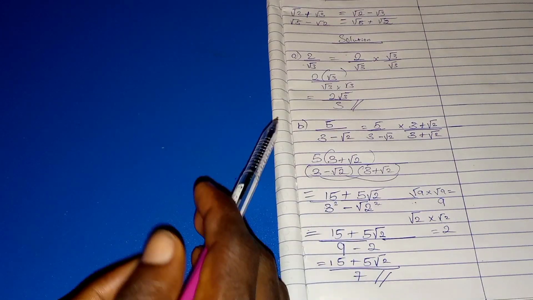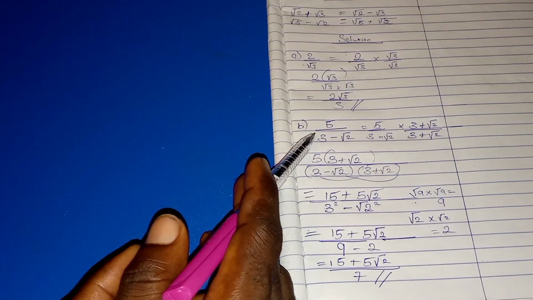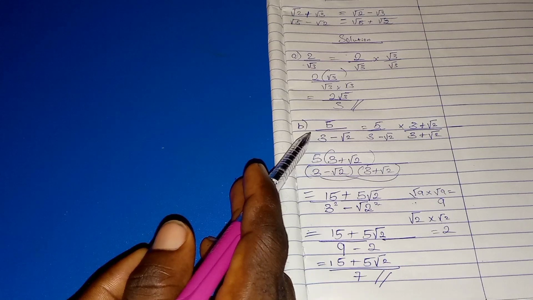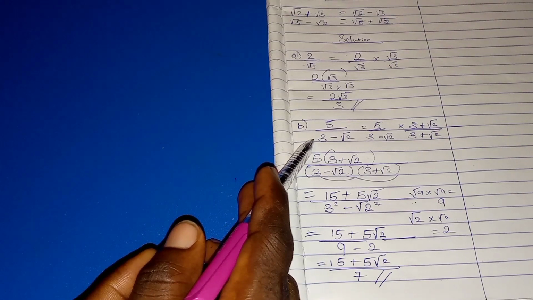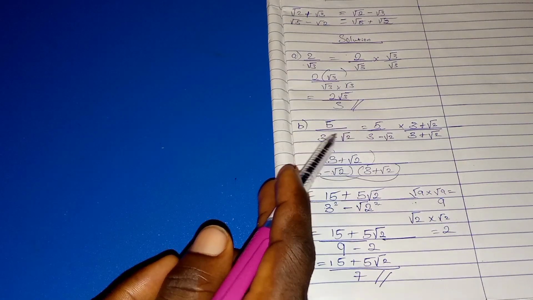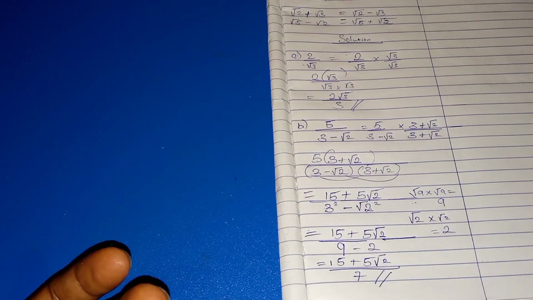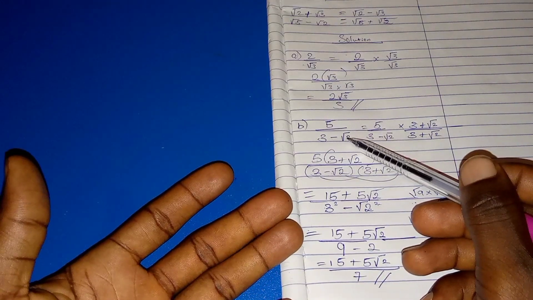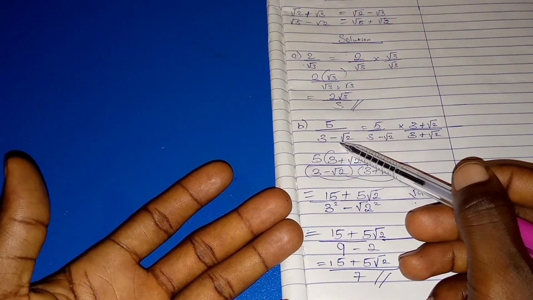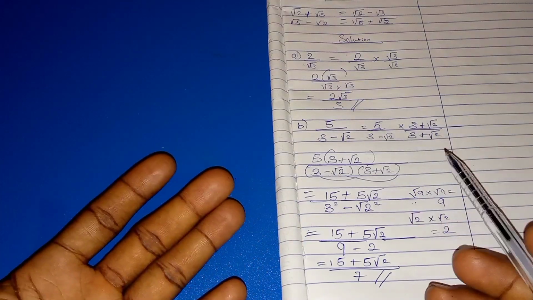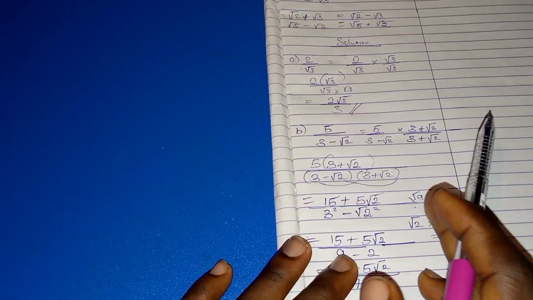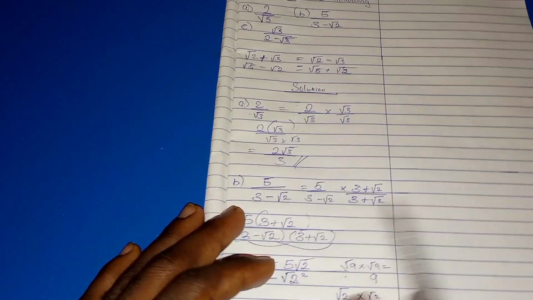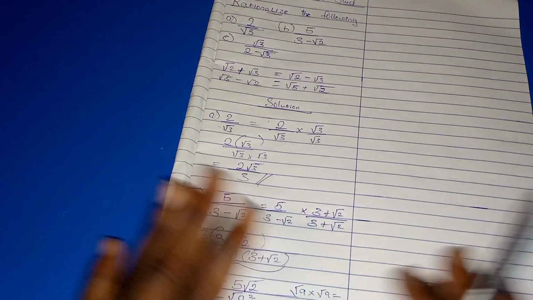We have rationalized this given number, 5 over 3 minus root 2, and at the end of this problem, we see we have removed the root value at the denominator. It's no longer in the denominator again. As we earlier explained, rationalization is a process where we remove the surd value that is in the denominator. We don't actually need that.